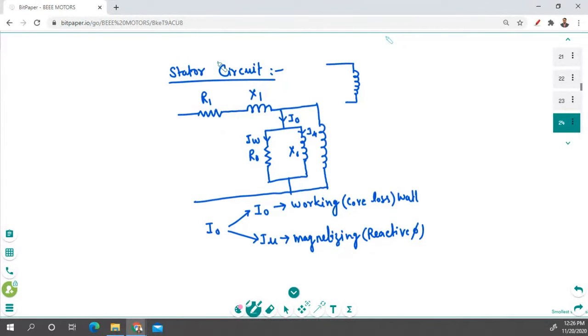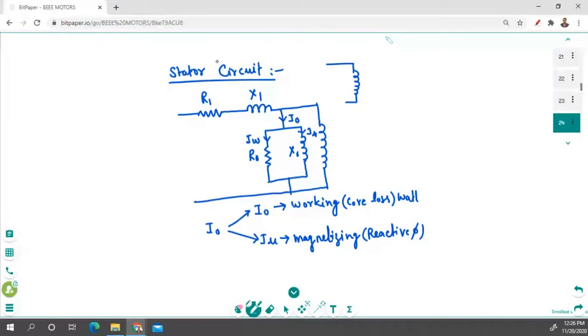This is the internal structure of the stator circuit, with resistances and inductances due to the internal wiring.